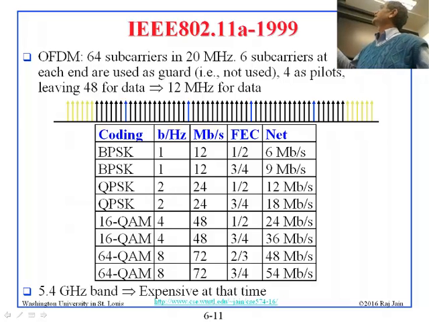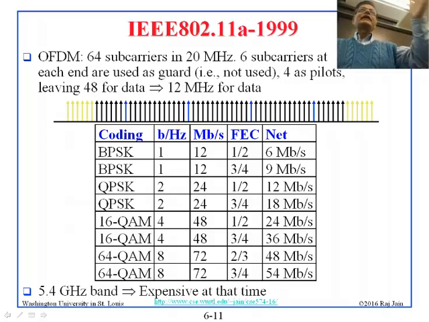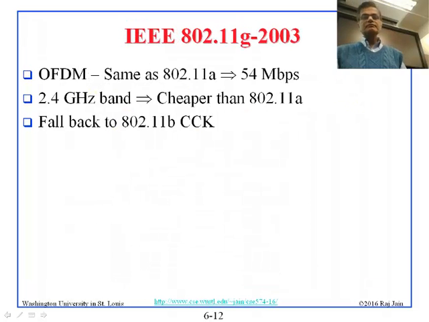And basically this 11A was 5.4 gigahertz. It didn't become popular because it was just 5.4 gigahertz. Actually, 5.8 is the right number, but people use 5 gigahertz, 5.4 gigahertz, 5.8 gigahertz. We saw that band. Different naming. Then G came about, and G did the same thing except in 2.4 gigahertz, and then it became very popular.